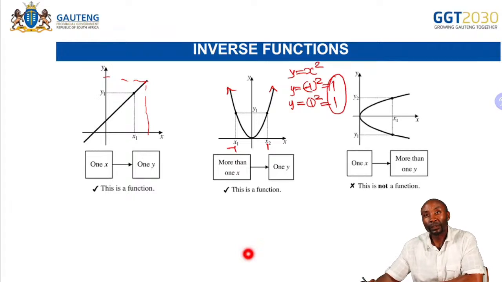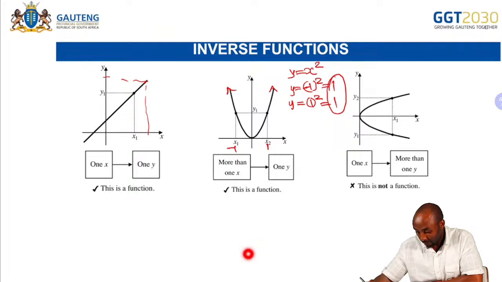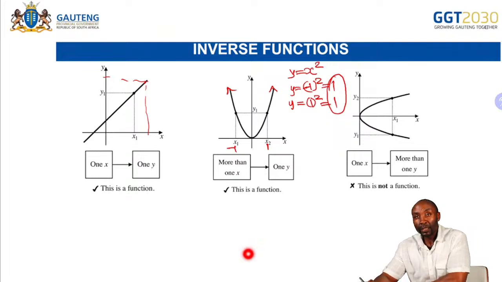Now, if we look at the third graph there, you can say it's the graph of the parabola which is reflected about a certain angle. It's rotated about 90 degrees.